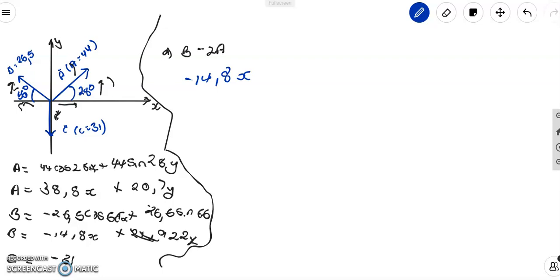Oh my god, I can't even read my own handwriting. Minus 2, and inside I'm going to put my A. A is 38.8x plus 20.7y.